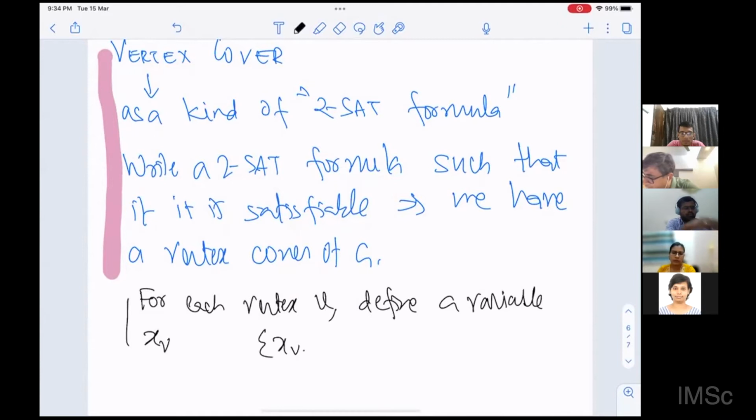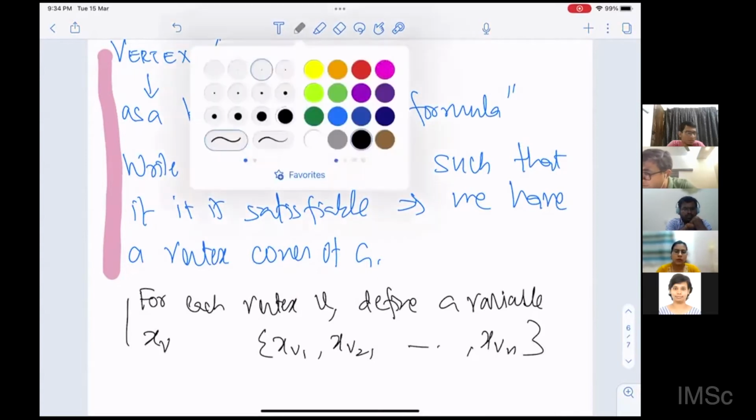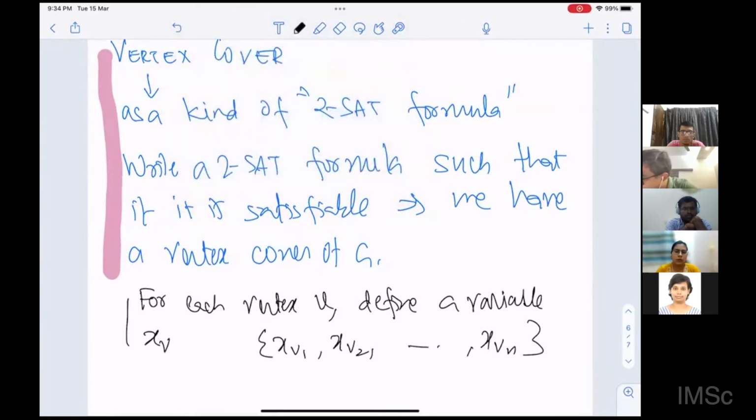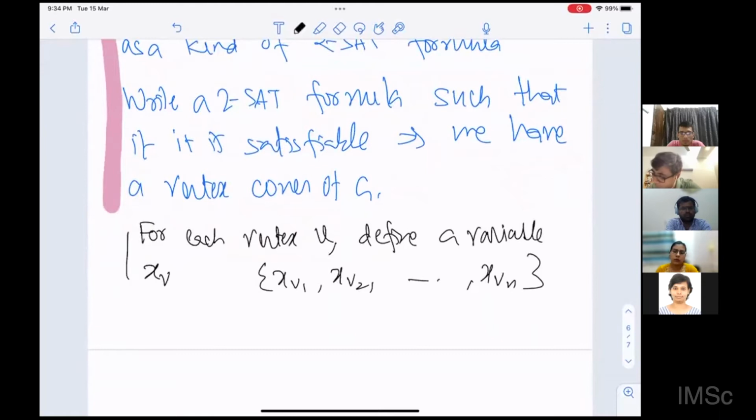Basically, we have x_v1, x_v2, ..., x_vn corresponding to n vertices v1 to vn. Just to make life easier, let's say our vertex set is 1, 2, ..., n. It is a bit cumbersome, but it's fine. Okay, now what do you want to say? These are your variables.